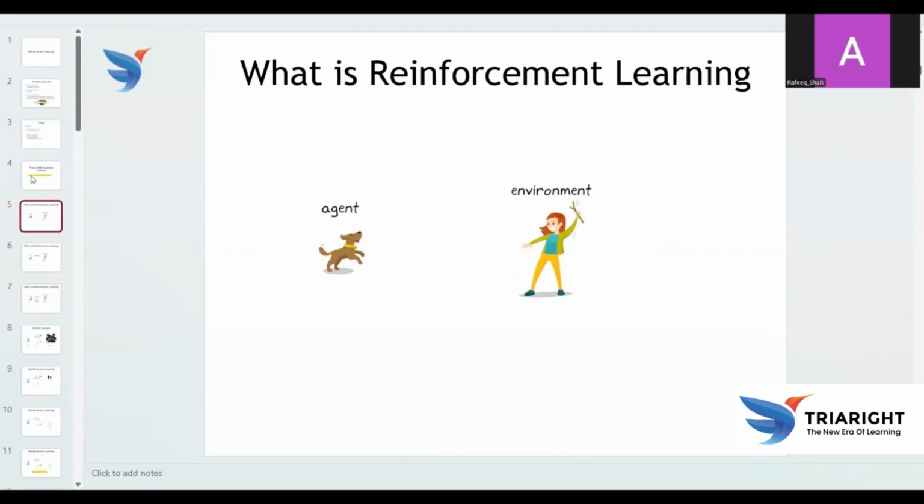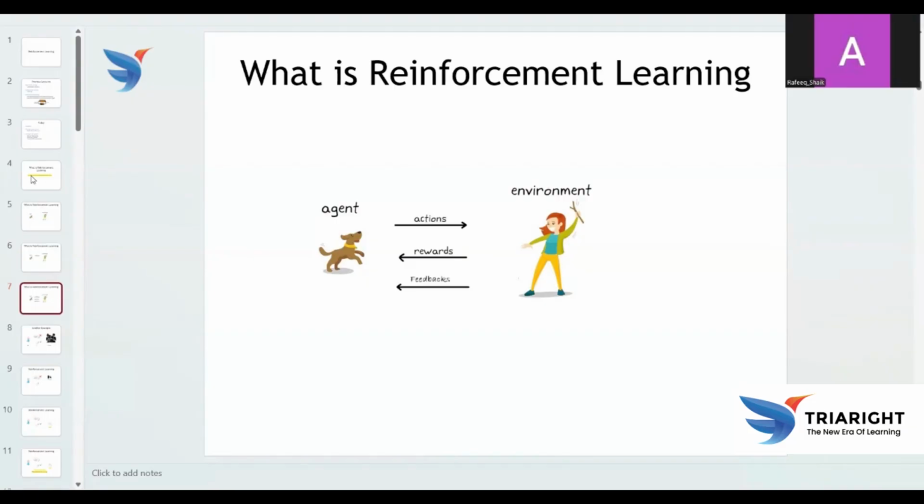The dog takes actions to move towards the environment, the owner. It makes actions like jump, walk or run. Whenever the agent makes an action to move towards the environment, the environment returns feedback, which we call a reward, to the agent.